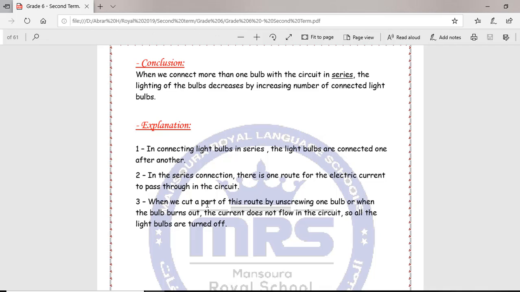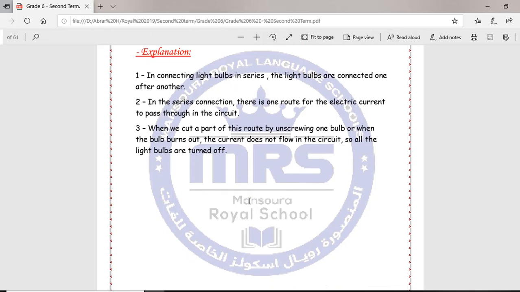Explanation number three: when we cut a part of this route by unscrewing one bulb, or when the bulb burns out, the current doesn't flow in the circuit, so all the light bulbs are turned off.